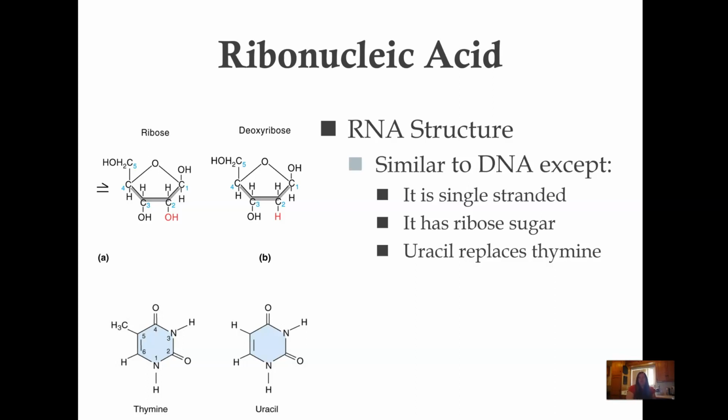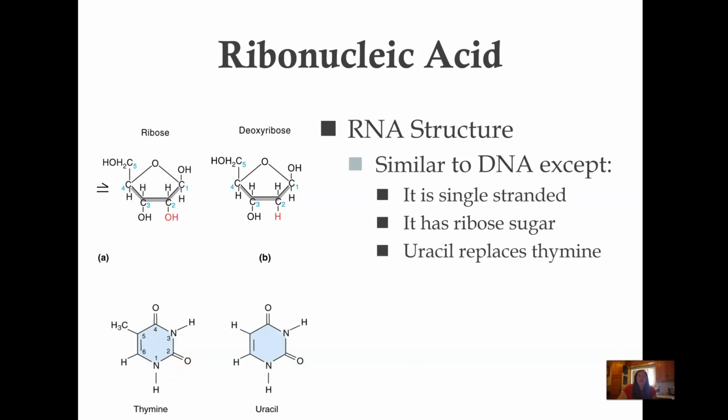RNA, on the other hand, is almost always single-stranded. There are a couple of rare instances where it can fold on itself and, for a split second or two, become double-stranded. But RNA, for the most part, is a single-stranded molecule.